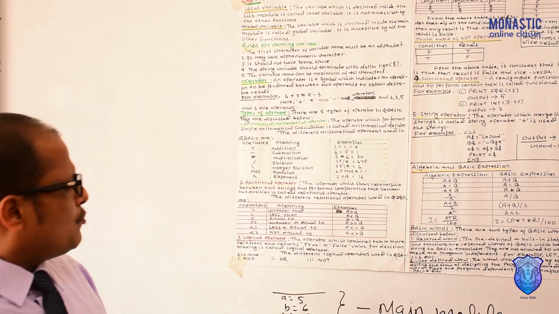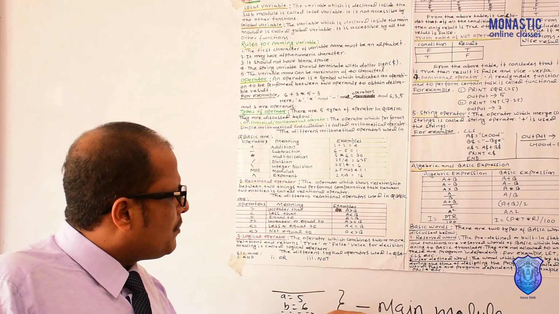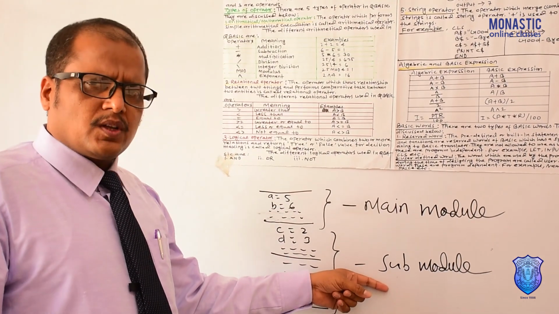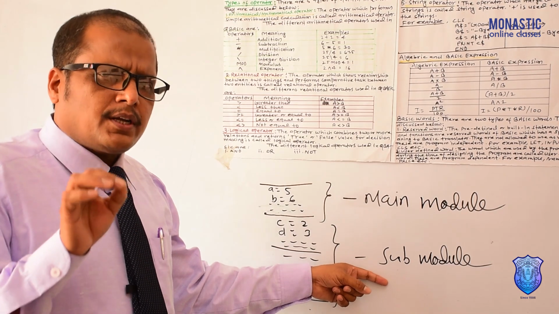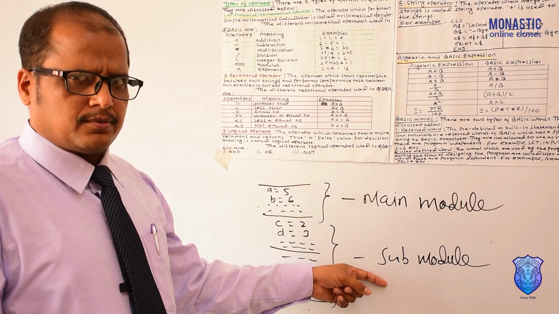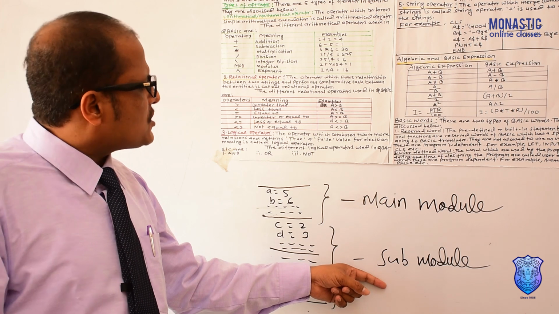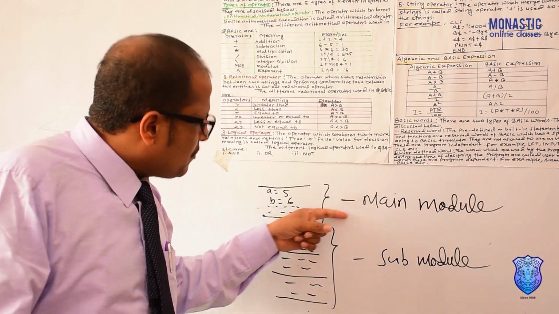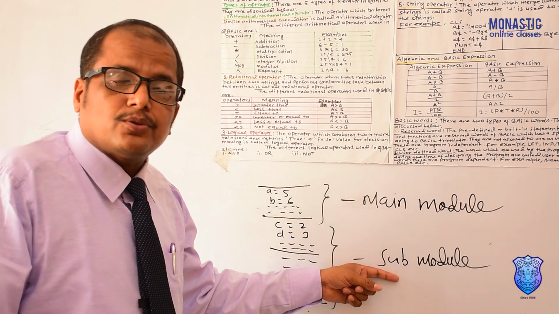There are two types of module: main module and sub module. The module which is written at the top of other modules is called the main module, and the module which is written under the main module is called a sub module.